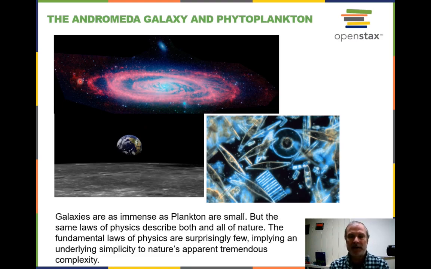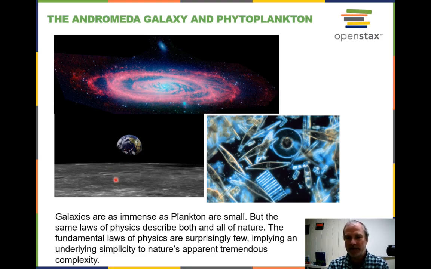From gigantic, like this Andromeda galaxy, which is something like 150,000 light years across. It's ginormously huge. To the Earth-Moon system, so putting astronauts on the moon, that was a project that fully featured physics. Without scientists understanding the basic laws of physics, fundamental Newtonian mechanics and electrodynamics, there would be no moon landing.